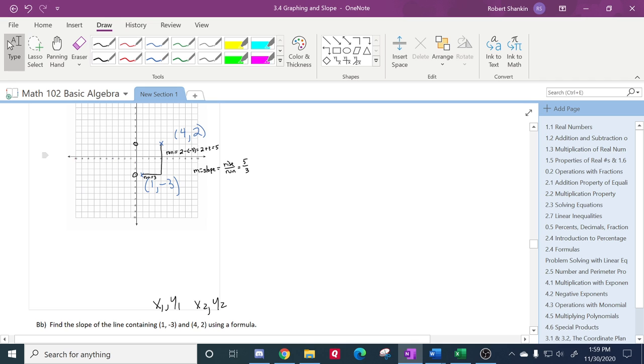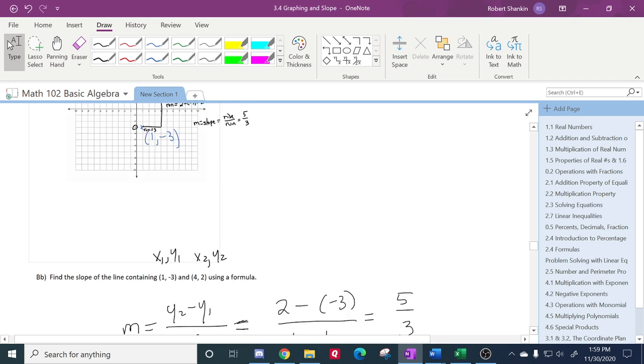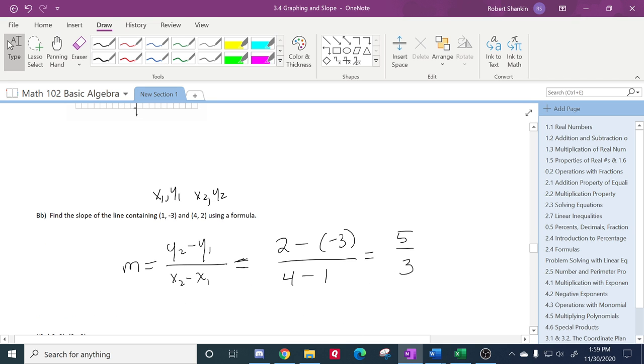And so there's a visual component up here, but you could also do it algebraically without visualizing it at all. And that's really significant here. 2 very different ways to go about it and get the same answer for the slope. Any questions here?